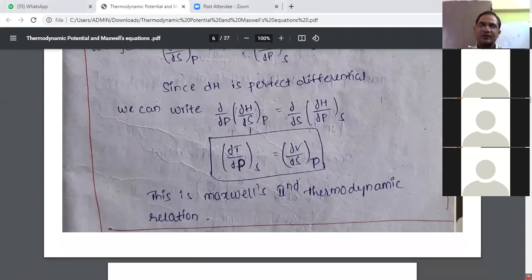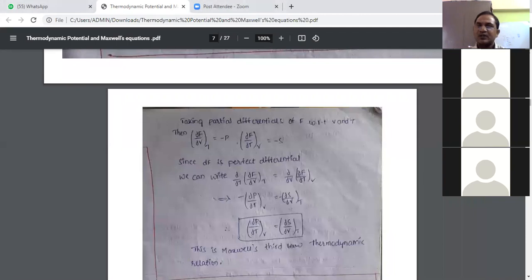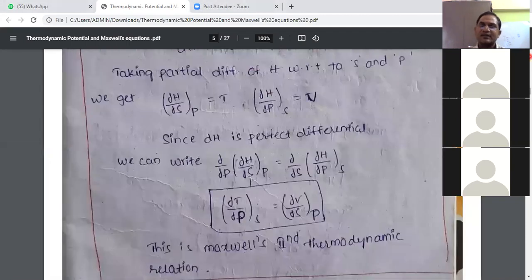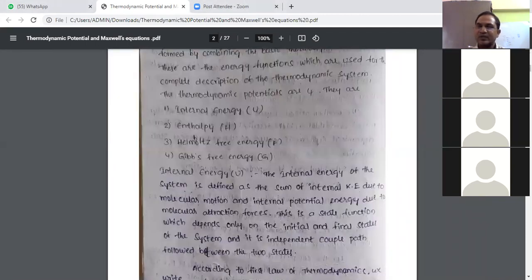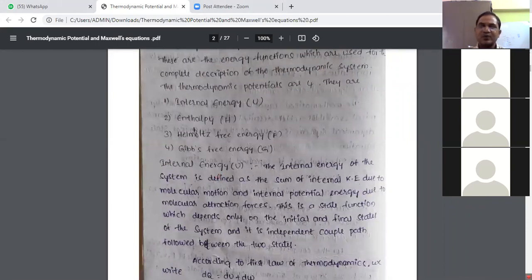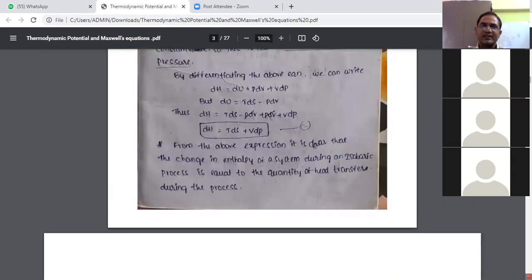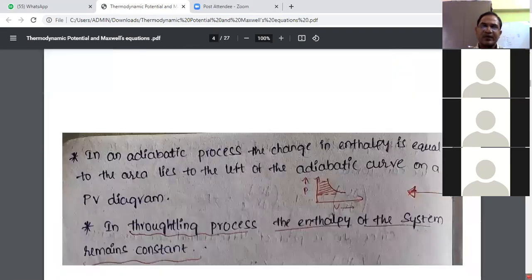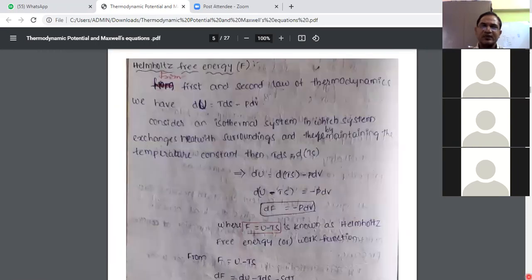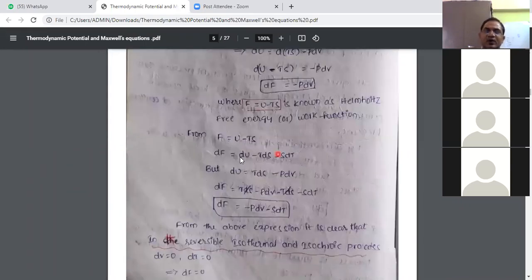Clear, sir? Now, what is the Maxwell third relation? For that, you take the Helmholtz free energy, F equals U minus TS. You differentiate both sides. Then you will get dF equals dU minus TdS minus SdT.